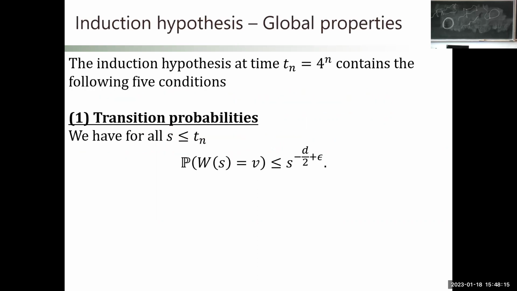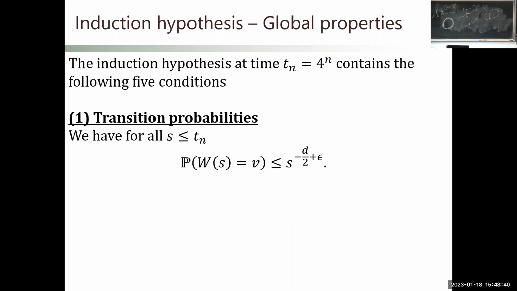And okay, so the first 2 are about the cyclic walk. You set it up such that T_n is 4 to the n. You assume that it behaves like a random walk up to time 4 to the n. You want to show it behaves like a random walk up to time 4 to the n plus 1. The first inductive assumption is that you have the right transition probability. So W is the cyclic walk.